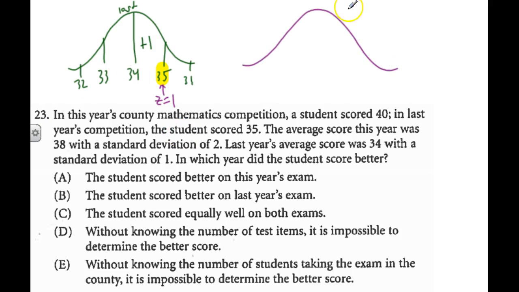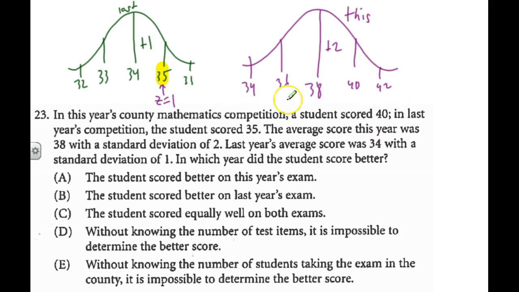And if we do this year's scores, 38 was in the middle. That's the average, and I think it was 2 for the standard deviation. So this would be 40, 42, 36, 34, and so forth.